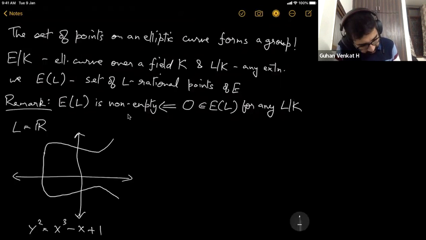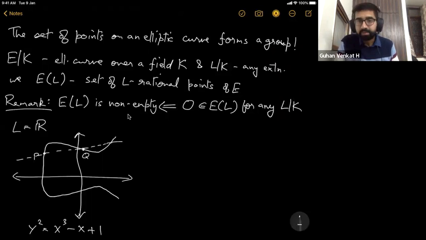Suppose you choose any two points, say P and Q. Step 1 is to look at the line joining P and Q in this real plane. By Bezout's theorem, it will intersect the elliptic curve at a third point, which I'll call R. Then let me drop a line parallel to the y-axis.